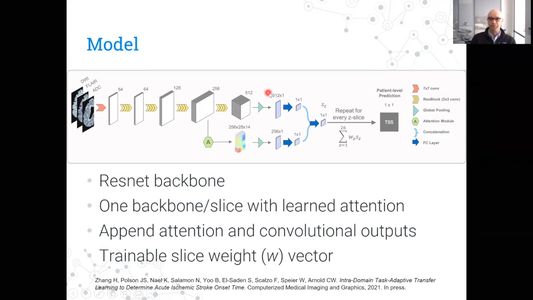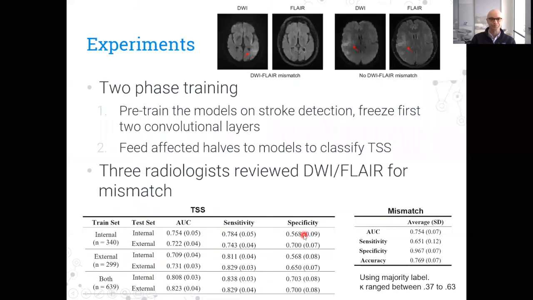There's one backbone per slice, and we then append the attention and convolutional outputs at the end, and we have this trainable slice weight W. We sum the weighted features from each slice together to then predict stroke onset time. There are many more details in our recent publication in CMIG if you are interested.